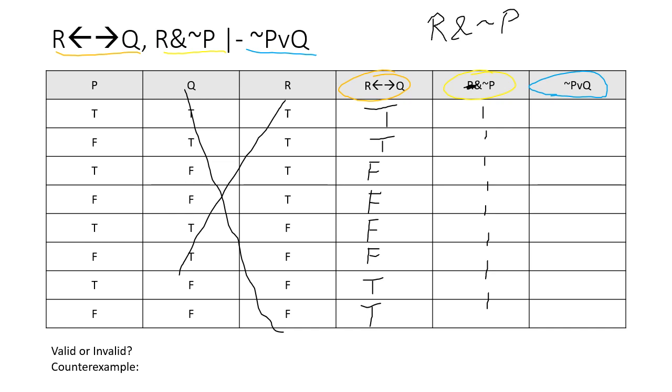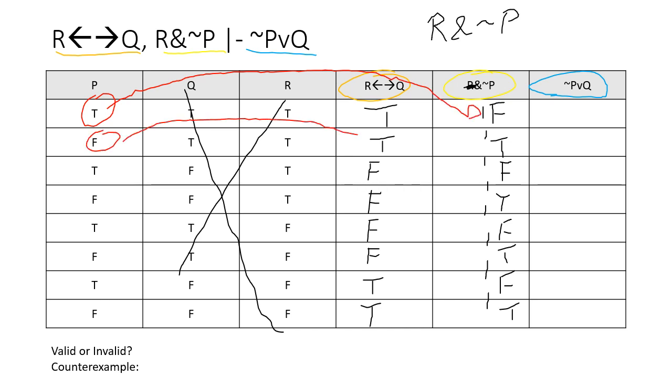So T's will turn into F's, and F's will turn into T's. A T turns into an F and an F turns into a T, and the same thing just happens all the way down.